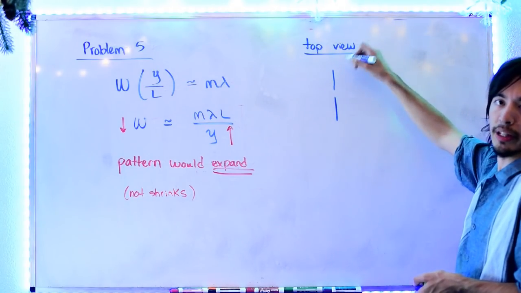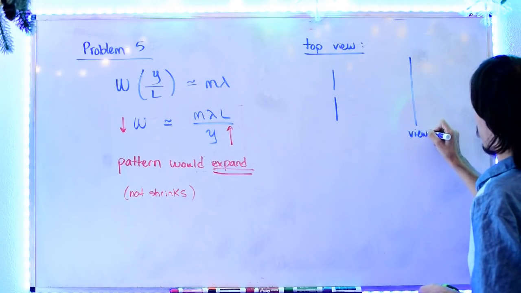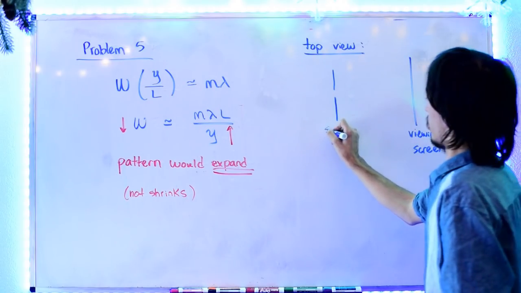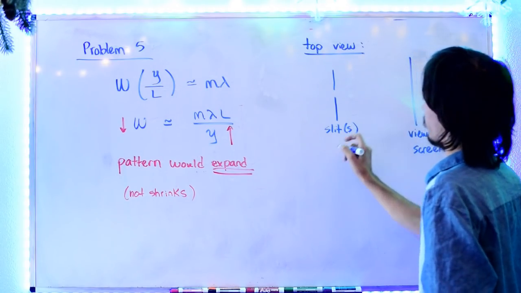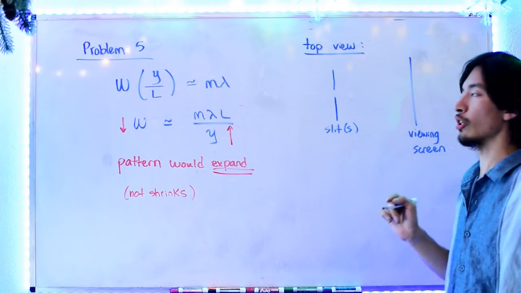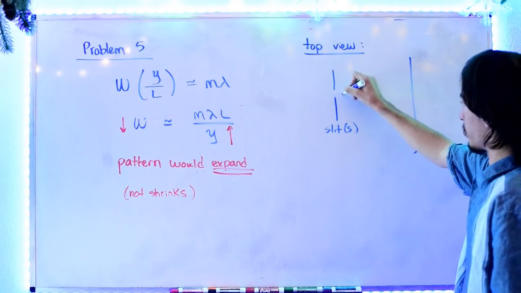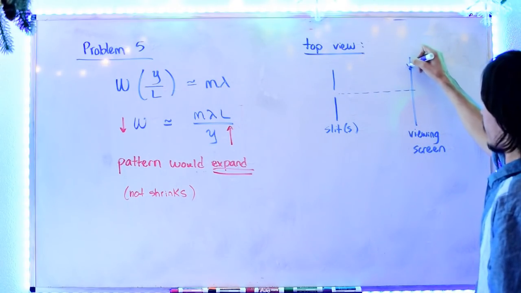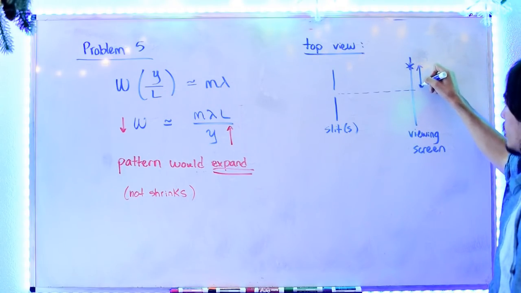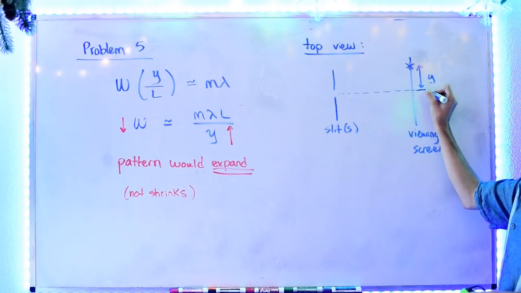You have your slits over here and you have your viewing screen over here. And whatever number of slits you have, it doesn't matter if it's single, double, or a diffraction grating. In the top view, from the center to any spot you want to investigate is the distance y. It's always with respect to the center.